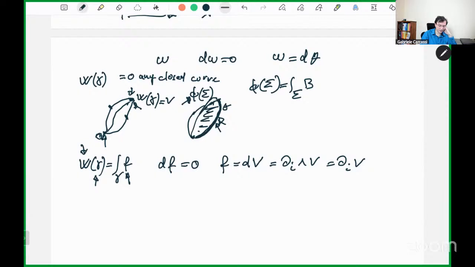And I know that this is closed because the flux of a magnetic field over a closed surface is 0. So dB is equal to 0. Now, since the flux on a closed surface is 0, if I have a closed path, the flux through the closed path is the same regardless of which surface I get within the closed path.